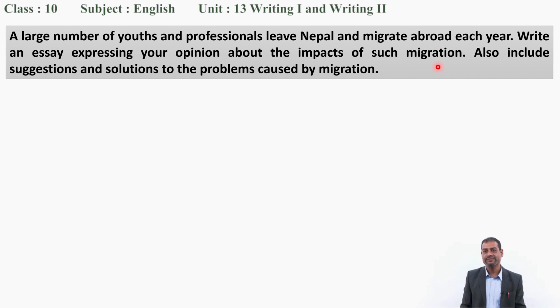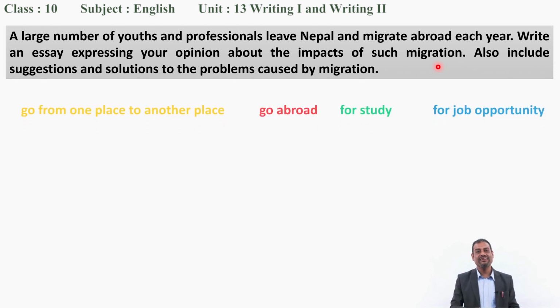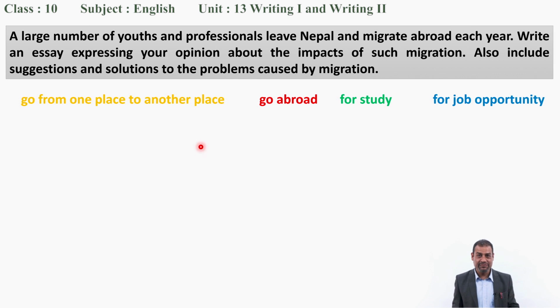Are you writing? How many points have you written? Don't worry, there need not be a proper order of the words. You should not write grammatically correct sentences, okay? So are you writing? Good. Maybe you might have written this sort of words. For example, these words come in my mind: go from one place to another place, go abroad for study, for job opportunity, okay?